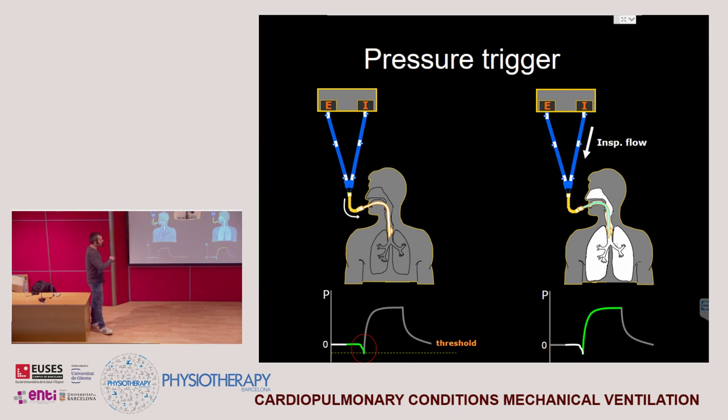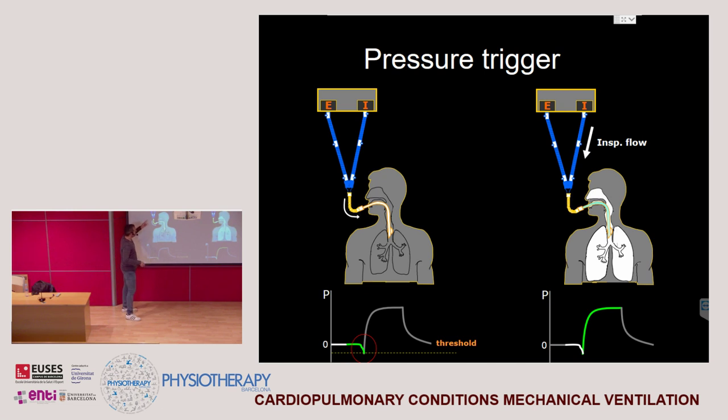But the system is exactly the same. In fact, when we talk about ventilation mode, we have to know that it's a closed system. So the pressure and the volume and the flow remain stable, always. It is very important to remain stable.